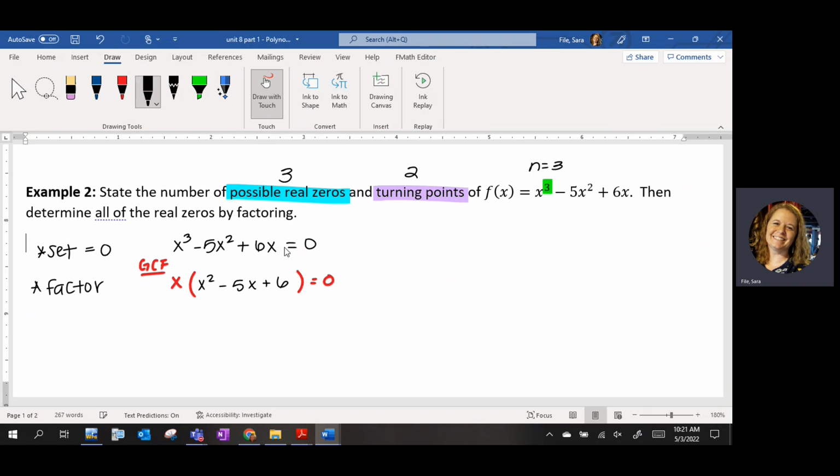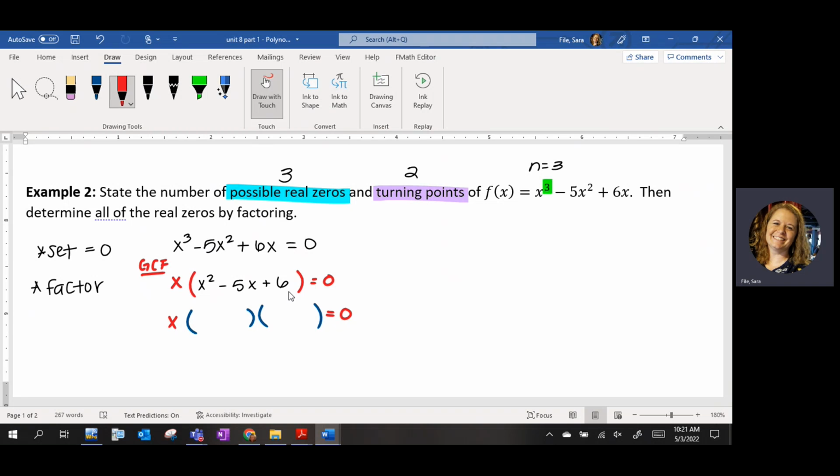I just divided x out of all of those. Now factoring needs to just focus on this quadratic. I've got a quadratic trinomial here that I can factor into 2 binomials. The x factor is still out front, and this is still set equal to 0.